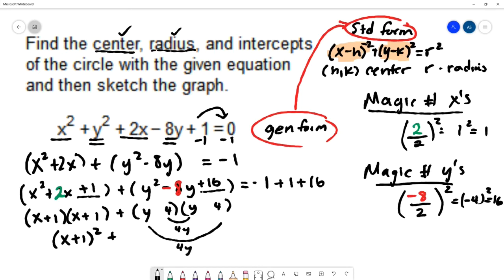We need it to make a negative 8y in the middle. So we'll make these both negatives. Negative 4y plus negative 4y is negative 8y. So we factored that trinomial. It became y minus 4 times y minus 4. We can write that as a perfect square.